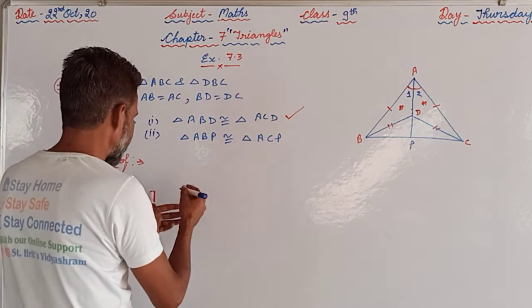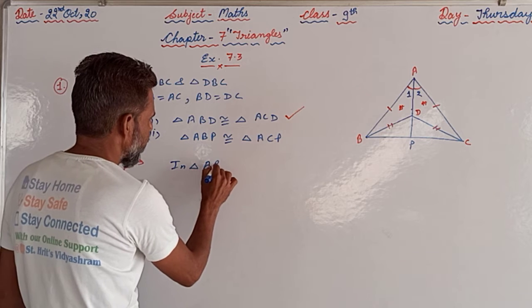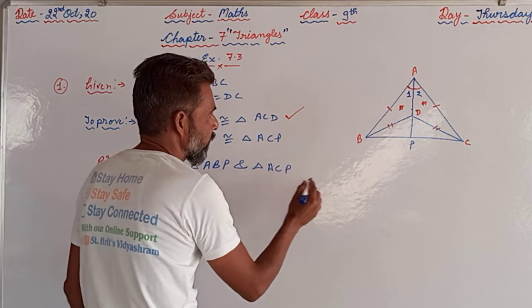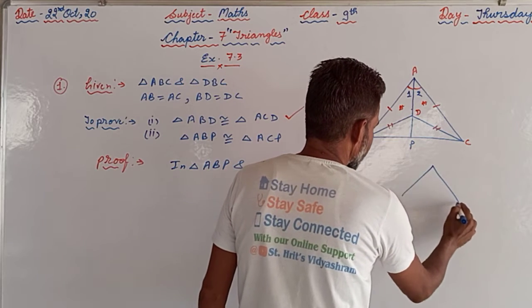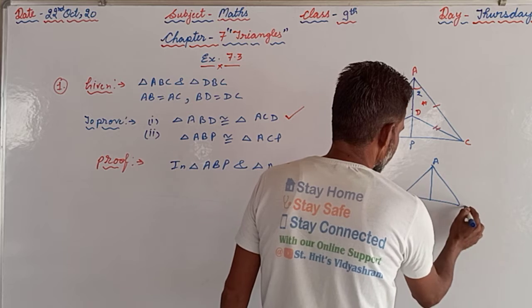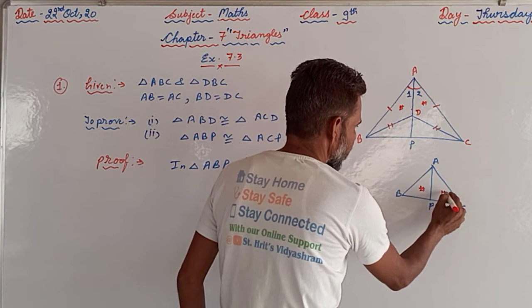Now we have to compare triangle ABP and triangle ACP, so I will draw a rough figure of ABCP, this triangle and this triangle.